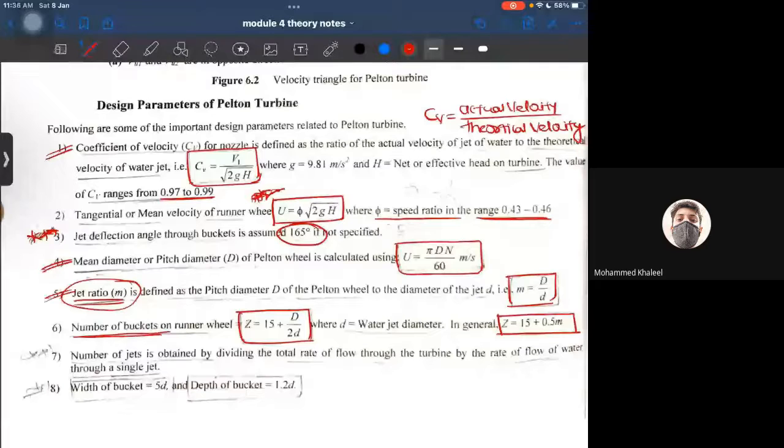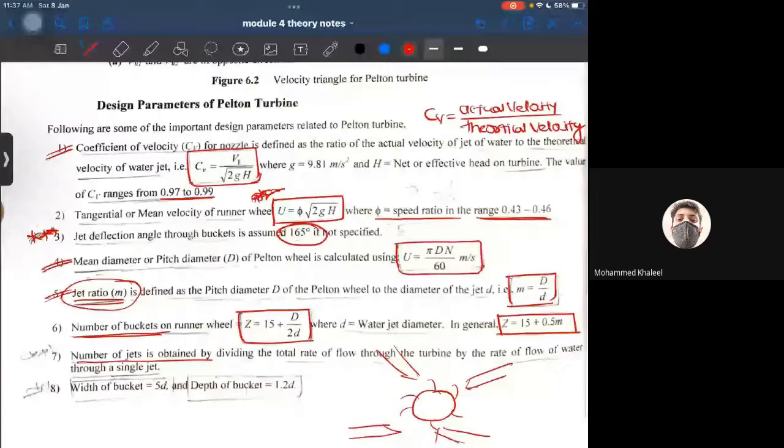Next, the number of jets required. Suppose there is a Pelton wheel like this. It is not necessarily the case that only one nozzle is striking the Pelton wheel with one jet. There could be many nozzles all around the circumference of the Pelton wheel, striking the Pelton wheel.